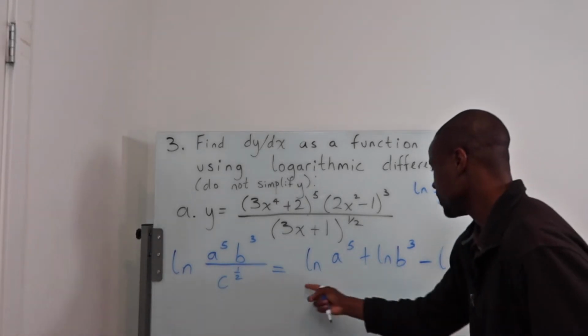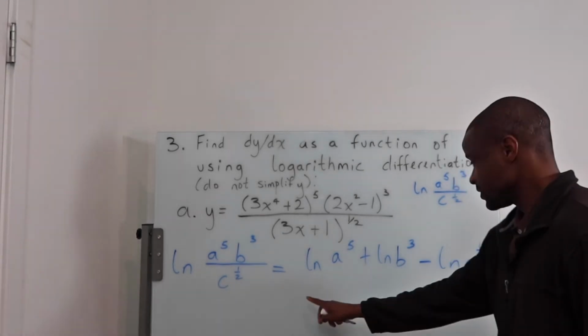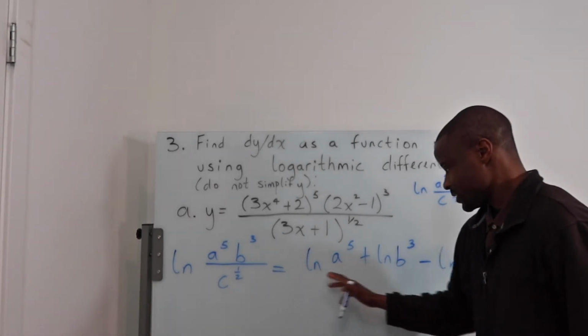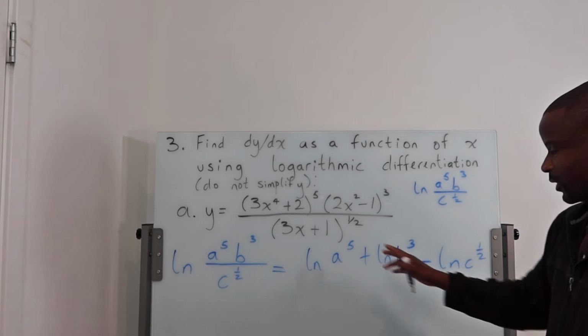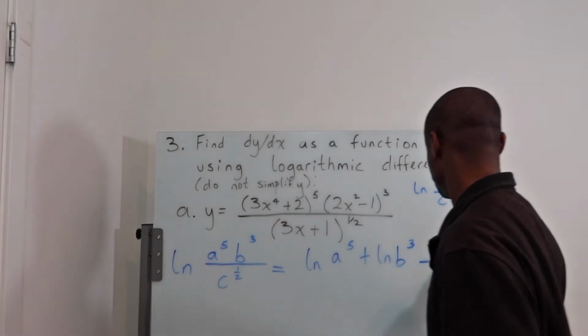We may or may not have parentheses around here. It doesn't make a difference. Now, using this formula, let's go ahead and substitute our a, b, and c where they simply mean these terms here.